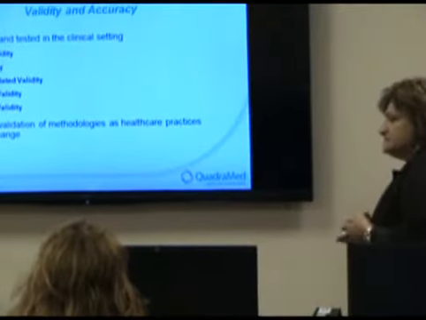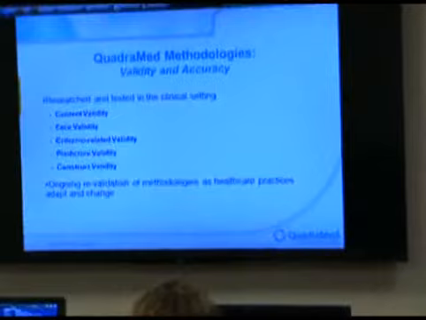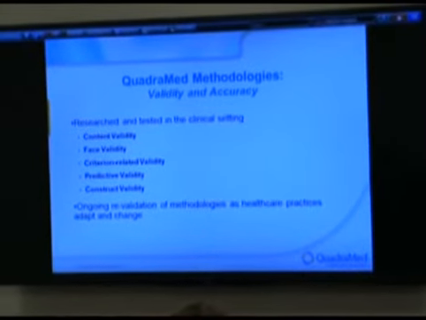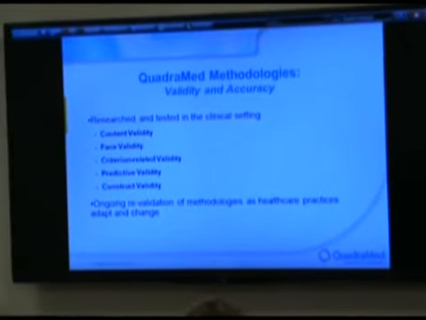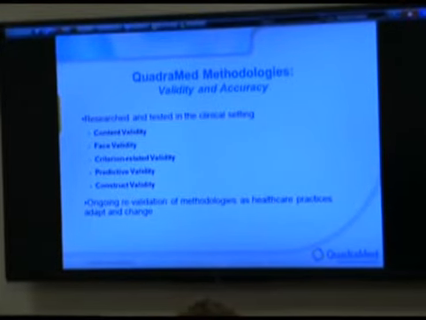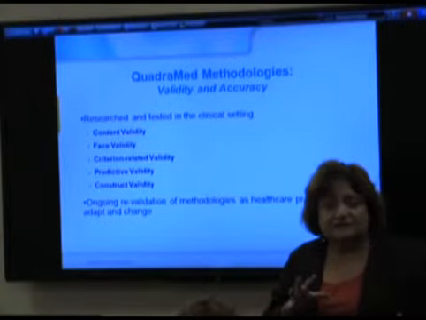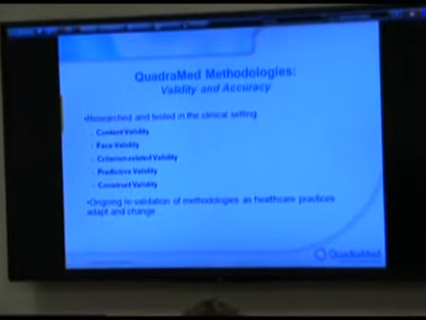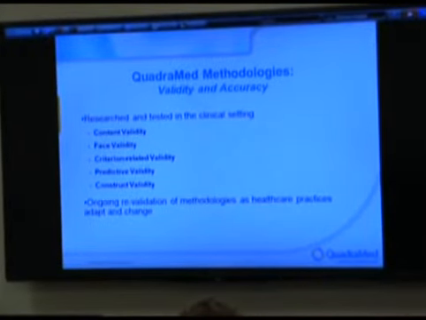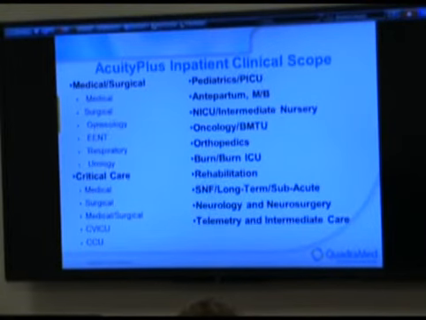And then the third piece is, is this tool transportable? Can we use this tool in Rochester, Cannon Falls, Red Wing, La Crosse, Eau Claire, Mankato, any of the places that Mayo has facilities? Can we use this tool across all hospitals within the same system?